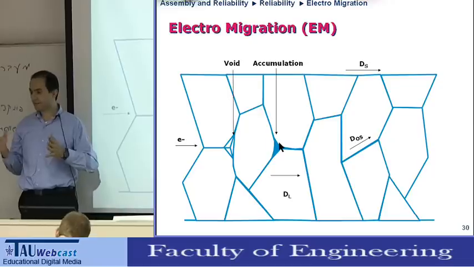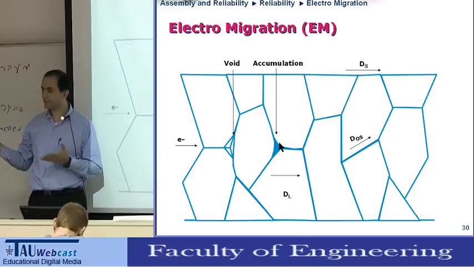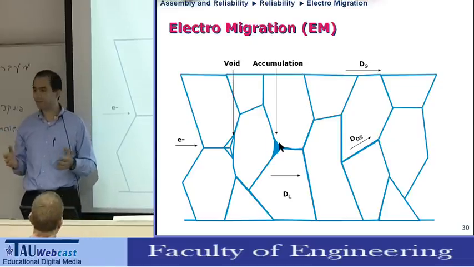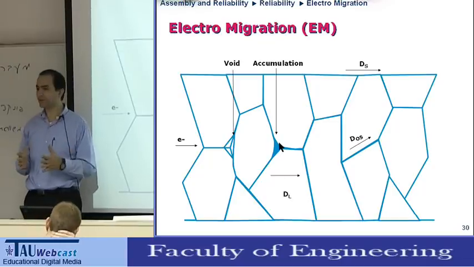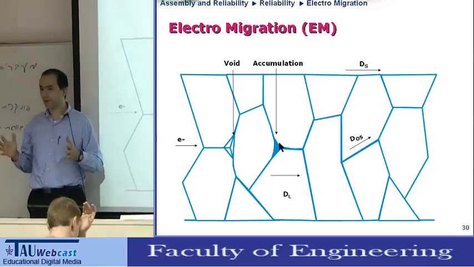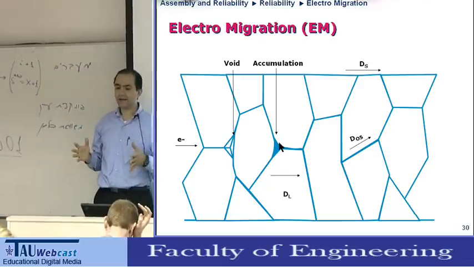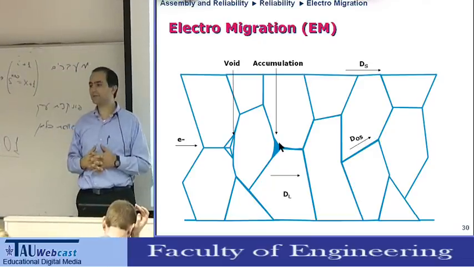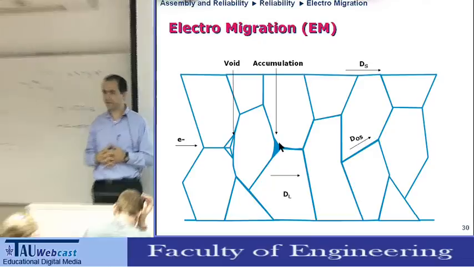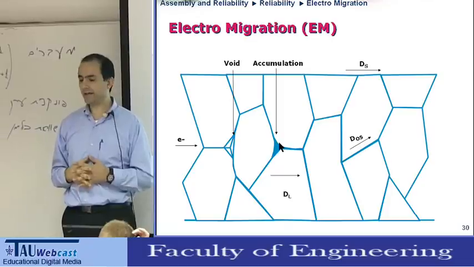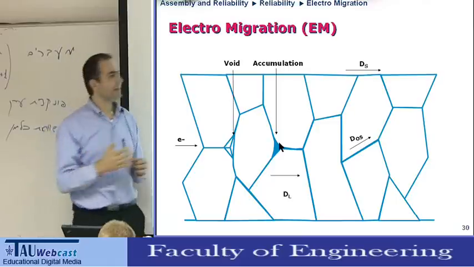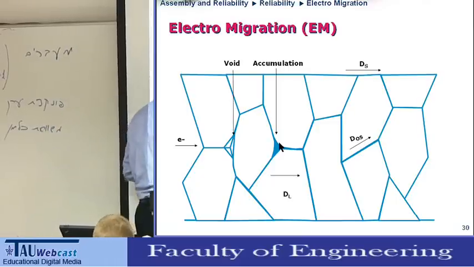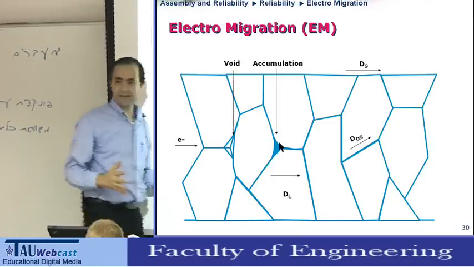So just the same analogy of the stream of water and the stones. First, put bigger stones. So instead of aluminum, we can use copper. Okay? And then another way is to make shunt layers. Make a shunt layer from tungsten, for example, that goes at the top and the bottom or on the sides.